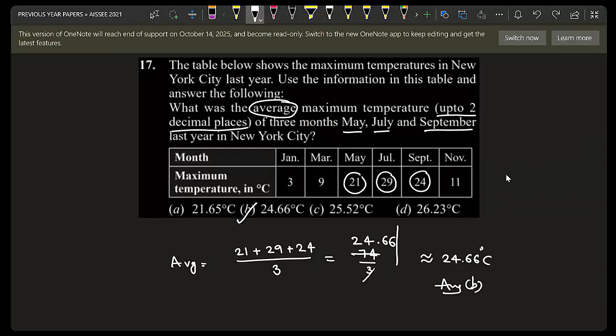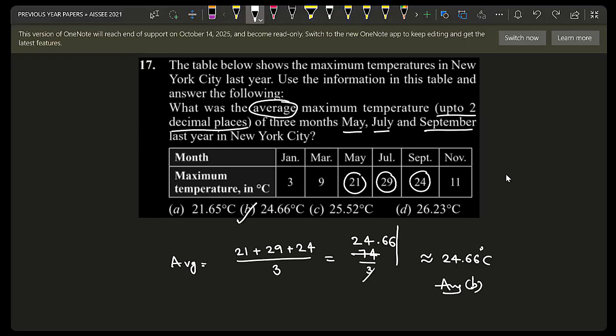Rutvik? Sir, 21 plus 29 plus 23, sir, 24, 29 minus 1, 24, 25. What happened, Rutvik? Sir, 25 happened, and the nearest value is B. Yeah, very good. You're making all of them equal to the same value, right? Yes sir.